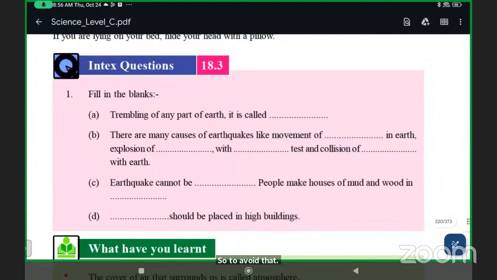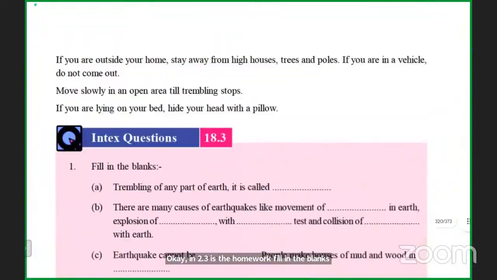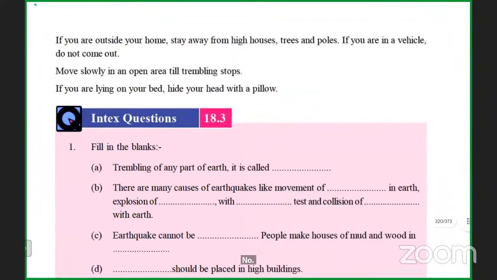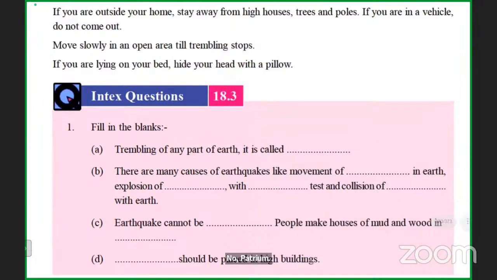Okay, 18.3 is the homework. Fill in the blanks. Ma'am, have you ever experienced an earthquake? No, not really. Never. I did, twice. Twice, wow. Yeah, but they were very, very small ones. And my mother experienced it thrice, twice with me and once when she was a kid.